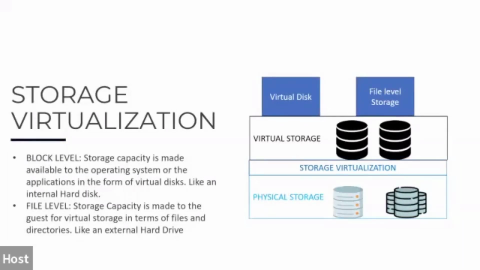So this virtualization can be done to convert these hard disks into whatever type of storage you want. In an ideal scenario, you will have hard disks, some of them really fast, which you call SSDs, and some of them really slow hard disks.